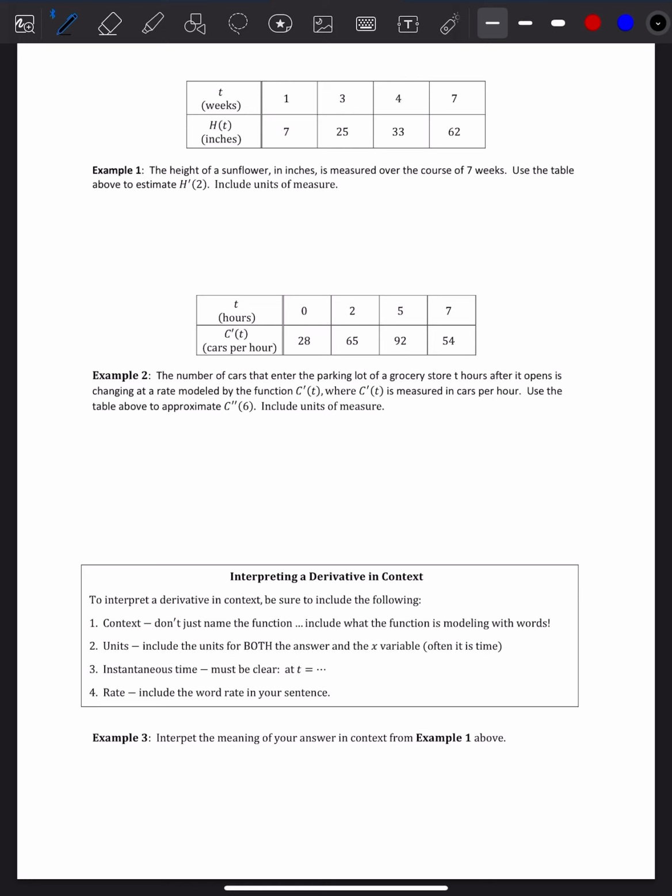So the height of a sunflower in inches is measured over the course of 7 weeks. Use the table above to estimate h prime of 2. So first thing that we want to do is we want to estimate the slope at 2. So in order to do that, we're going to look at the slope between 1 and 3. Because we have a table, we can't really do much more than that.